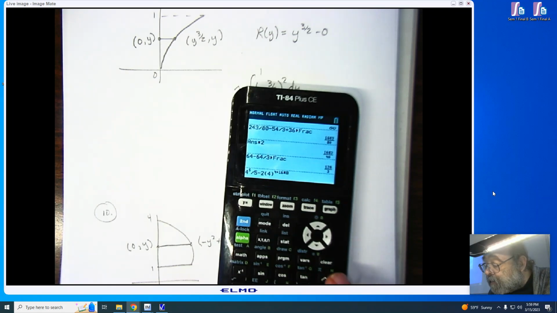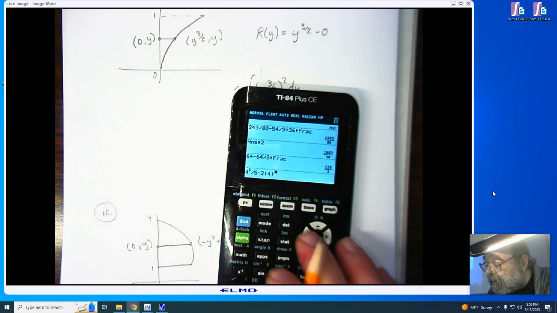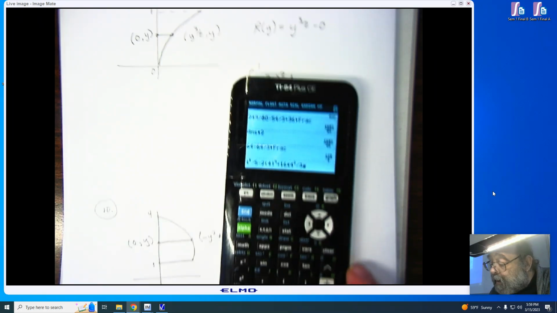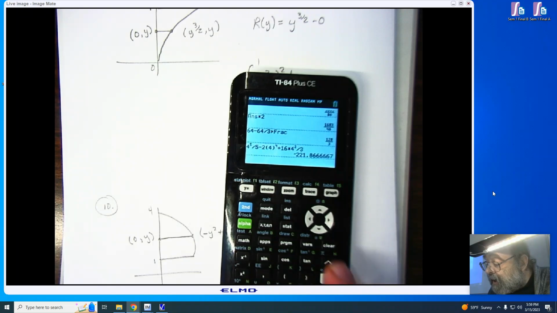So that was to the 4th power. Then we had plus 16 times 4 squared, and I'm dividing that by 3. This gives me the first piece.